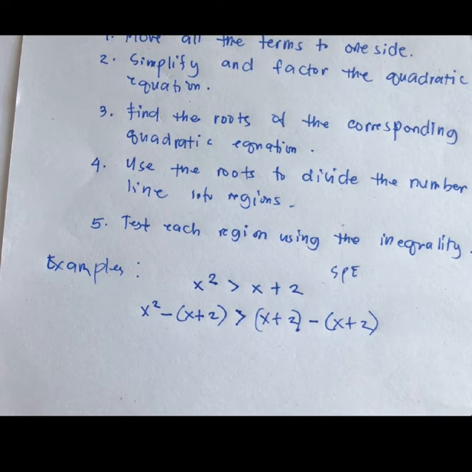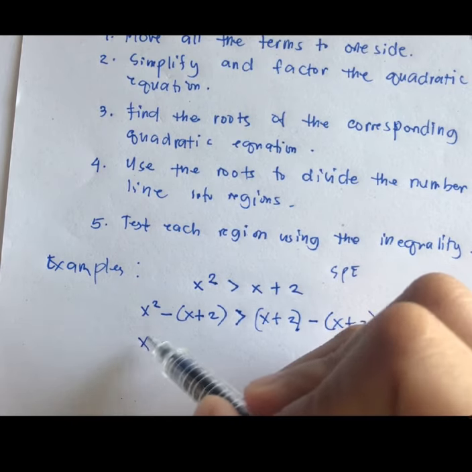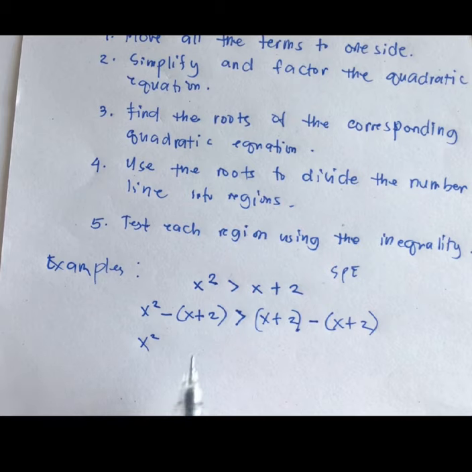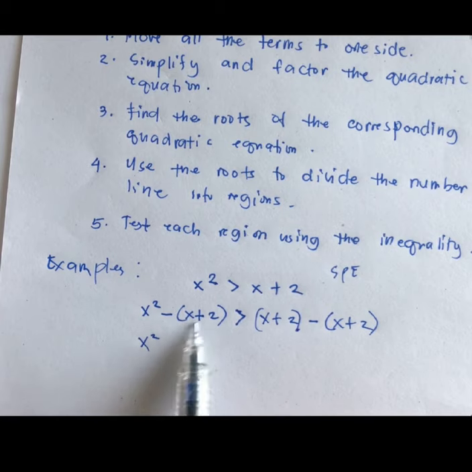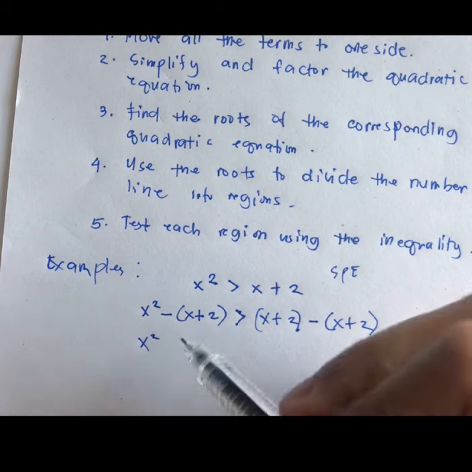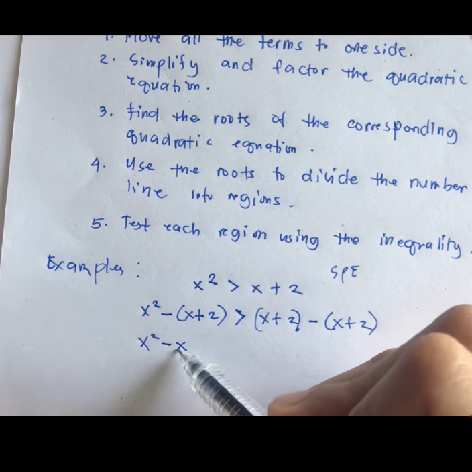Now, what do we do next? So we have x squared, copy. Now we have these open and close parentheses, and we have the sign outside it. So we have to multiply this negative sign or minus to the inner terms. So we have negative times positive x. So we have negative x.